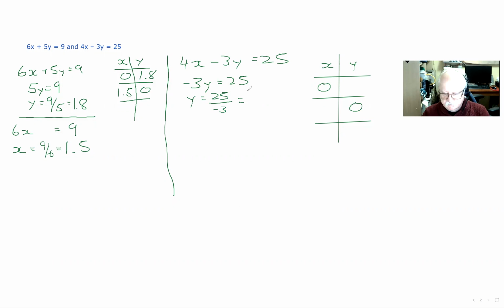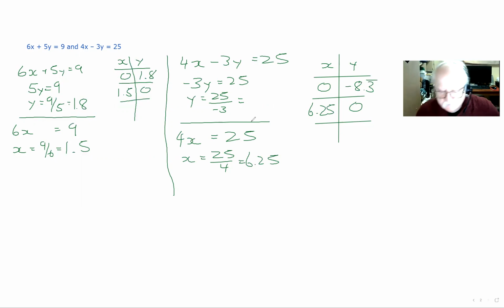And what do we get there? A -8.3 repeating. And when we plug in 0 for y, we get 4x equals 25. So x equals 25 over 4, which is 6.25.